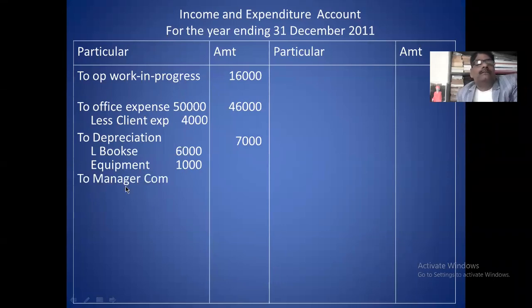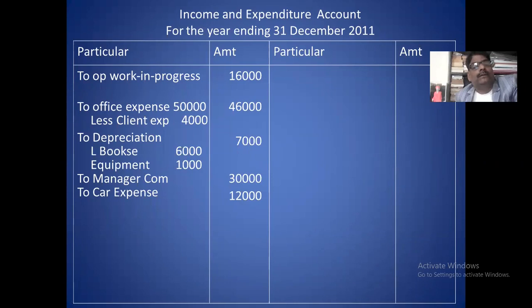Thereafter, manager commission, 15% on fee. 2 lakh is the fee. On that you calculate 15%, that is 30,000. Then car expense of each partner: first partner 6,000, second partner 6,000, total car expense 12,000.